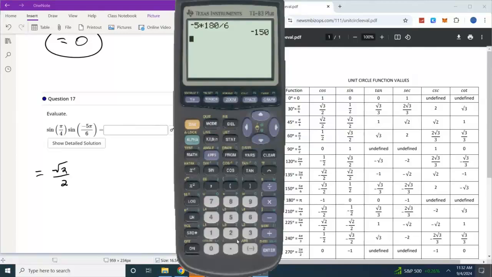If I were to add 360, that gives me 210 degrees. So what that means is negative 5 pi over 6 radians and 210 degrees, they're the same angle. The only difference is the amount of times they're being rotated. But they start at the same spot, they end at the same spot.